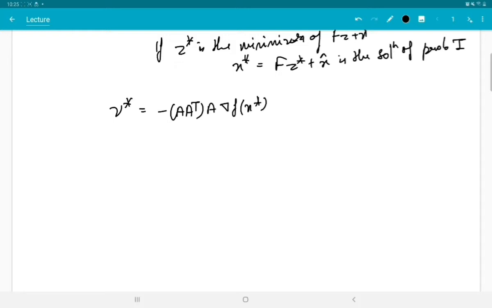The derivative condition is del f(x star) + A transpose nu star = 0. This should hold. So my claim is that this is the dual optimal.